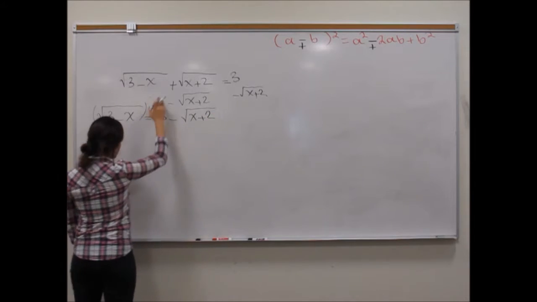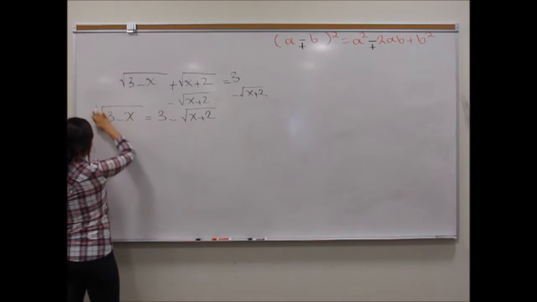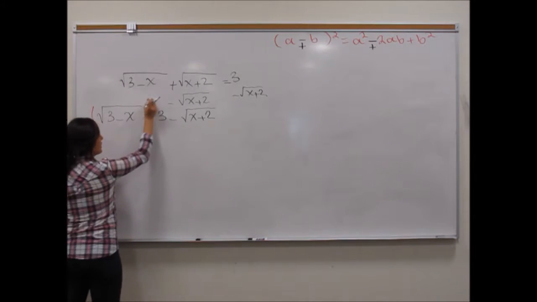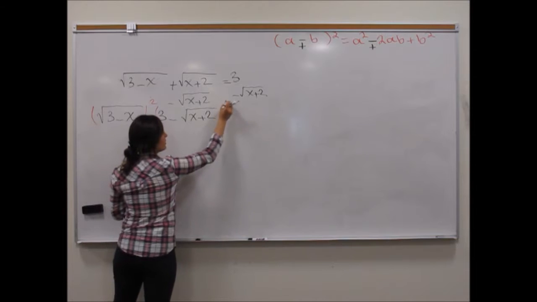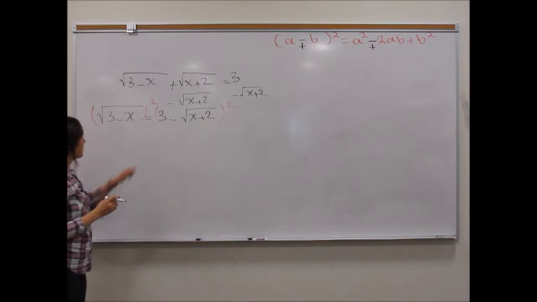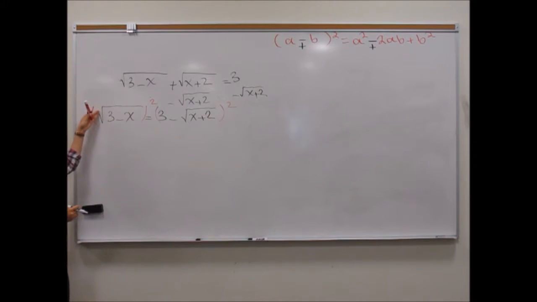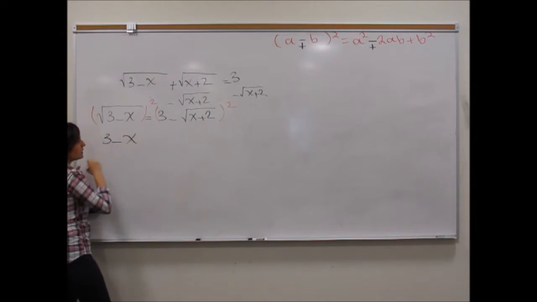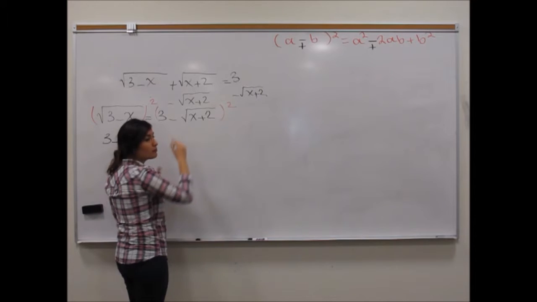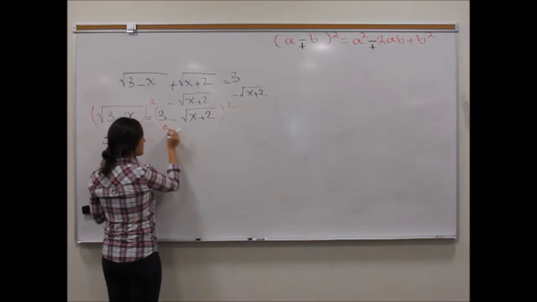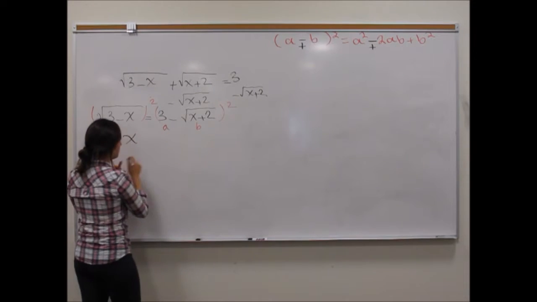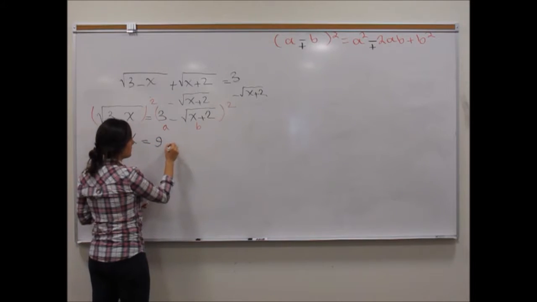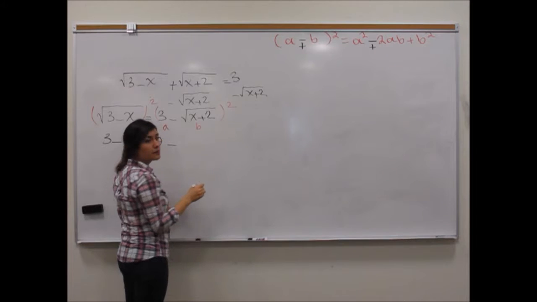So let me actually write it in red so you can see. I'm squaring this side and also this side. The second power and the square root would cancel each other. So on this side I would have 3 minus x, and on the other side I have a binomial. So this one is a and this one is b. So a squared would be 3 squared, which is 9, minus 2 times a times b.